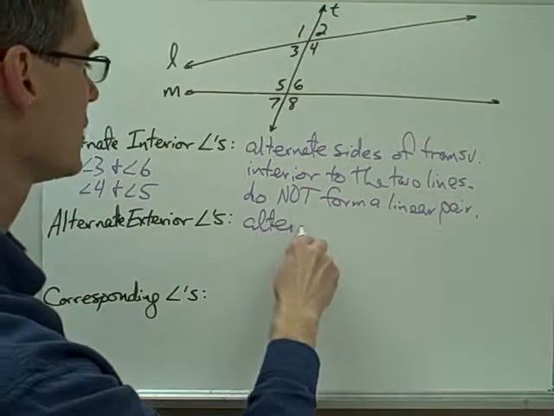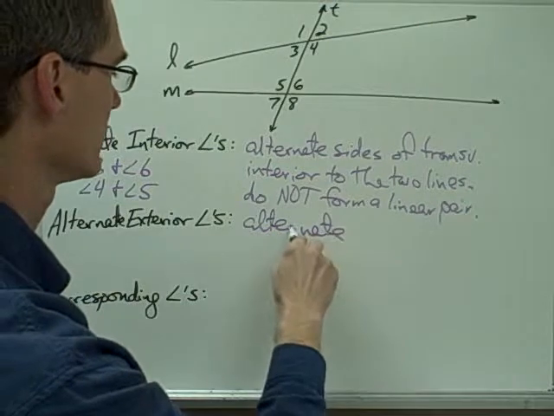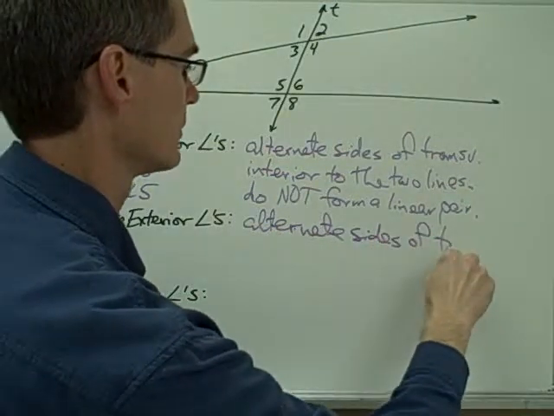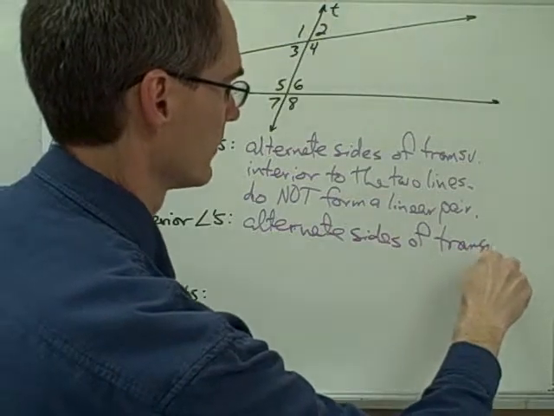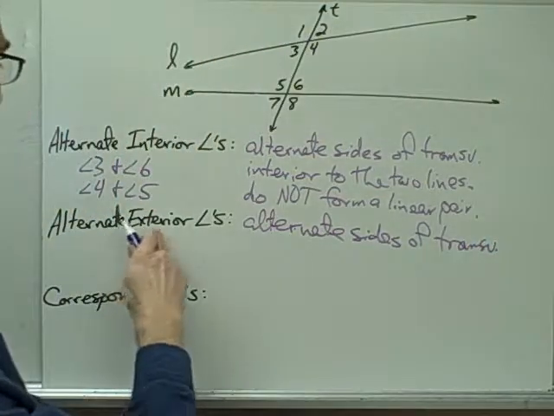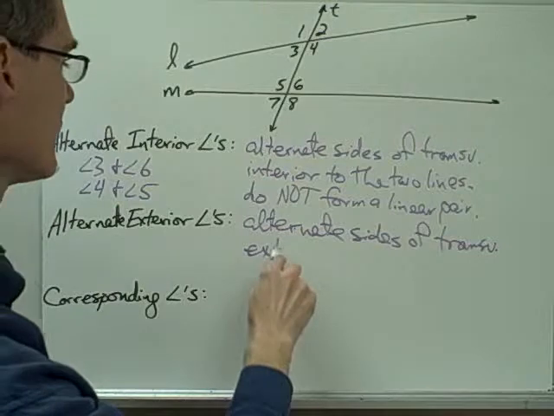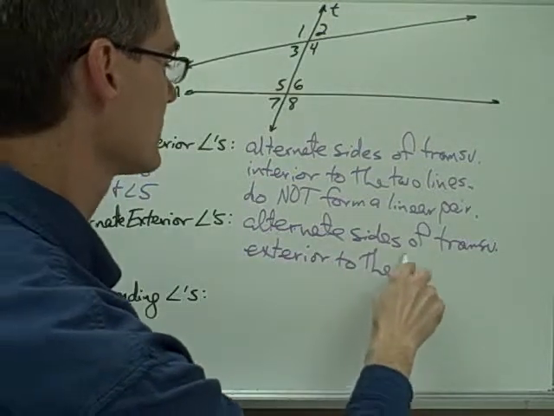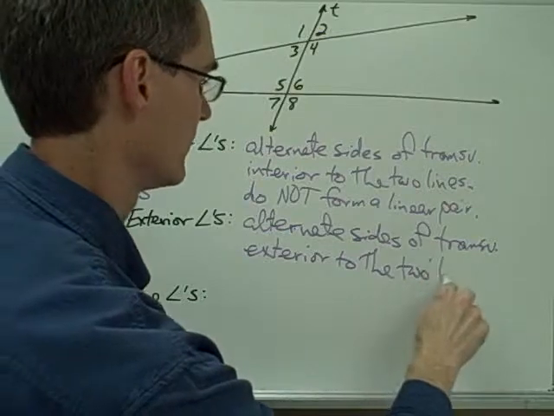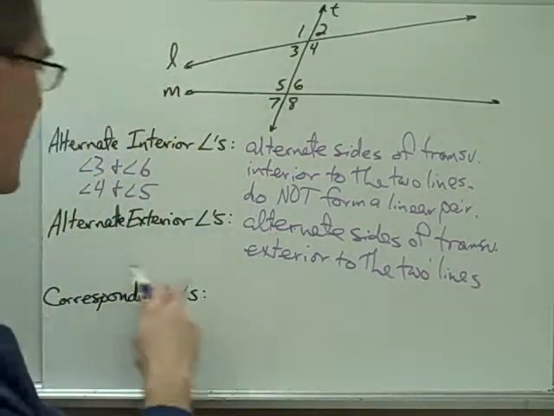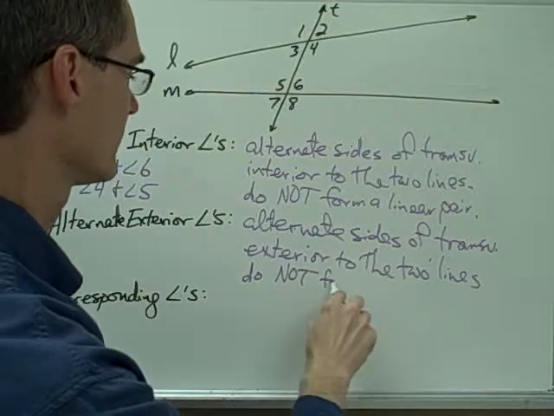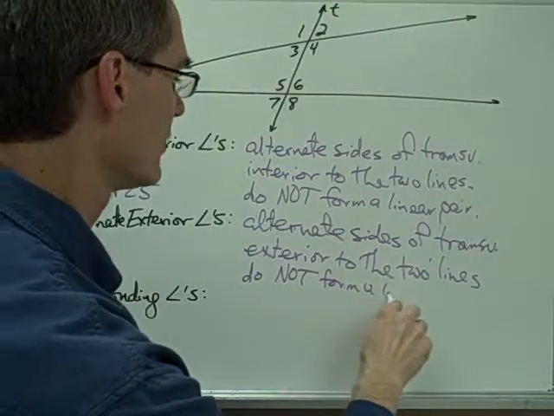Again, they are on alternate sides of the transversal. This time they are exterior to the two lines. And once again, they do not form a linear pair.